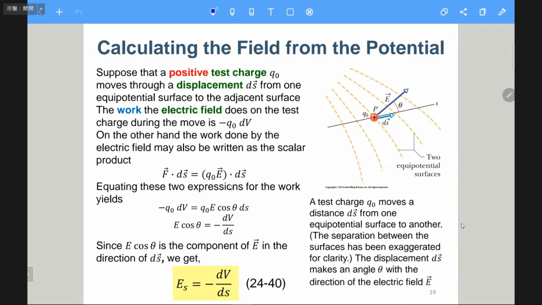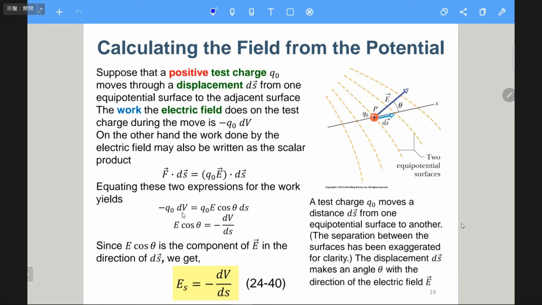So the first expression is fine because we just have F equals Q0 times E. And then F dot ds is the work done. And next, we consider this one to be Q0 dV.